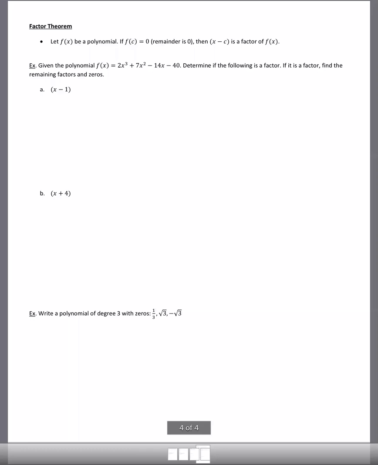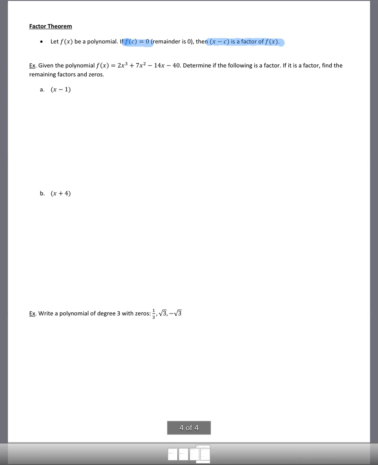The factor theorem here says that if for some reason we do find out that your remainder is equal to 0, then the value that you plugged in, when we put it back with the variable x, it's actually a factor. So let's look at a couple of examples here then.